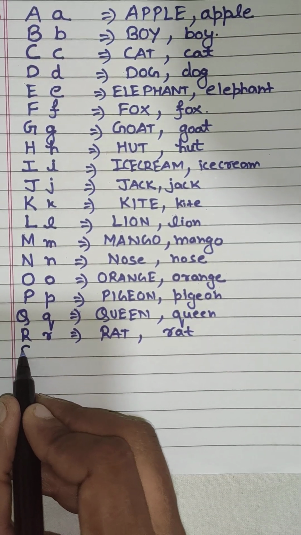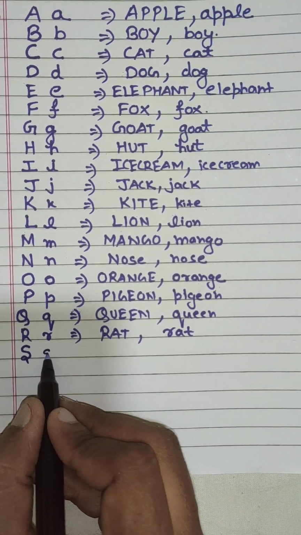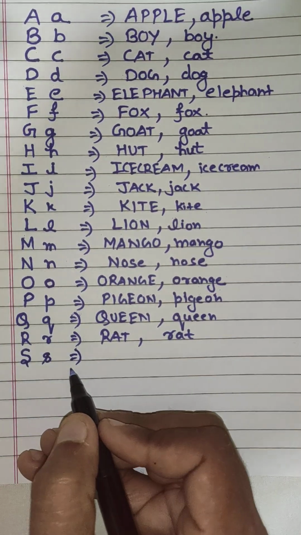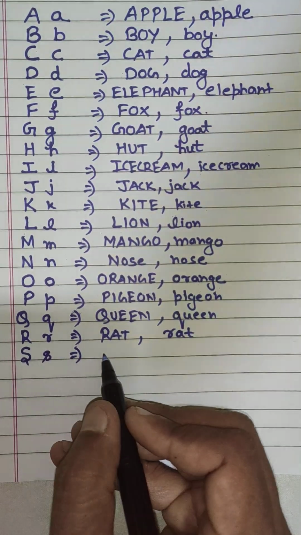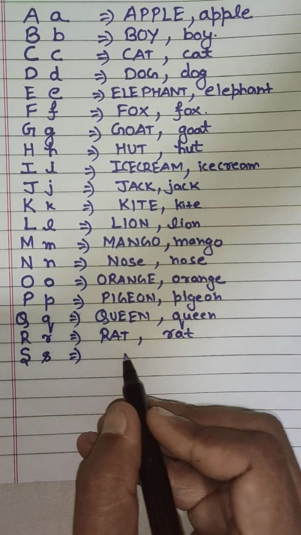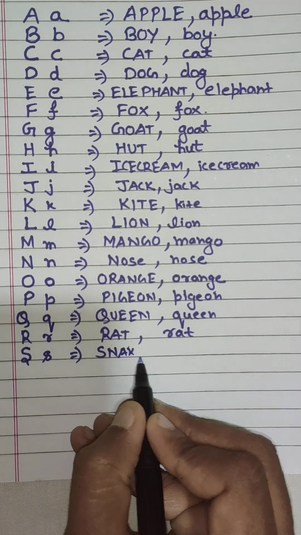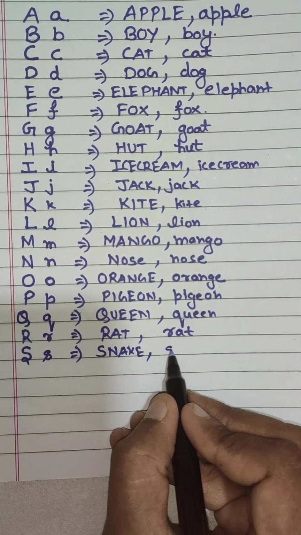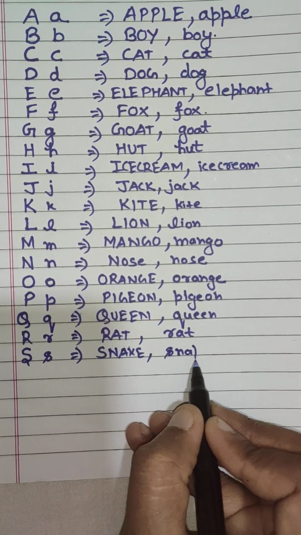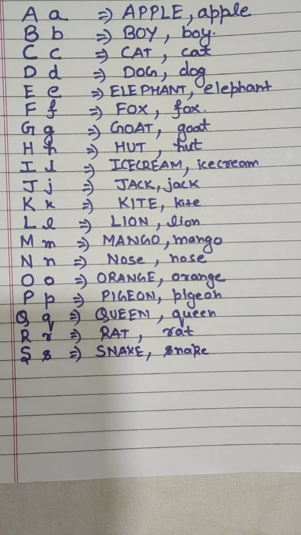Then in uppercase we will write S, then small s. S for snake. Snake.